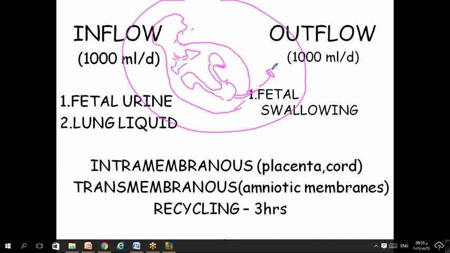But what will happen to this amniotic fluid? The baby will swallow this, and it goes through the GIT. The amniotic fluid will be absorbed through the small intestine, and it will go through the blood, and then it is secreted by the fetal urine, and this is the cycle of the amniotic fluid.